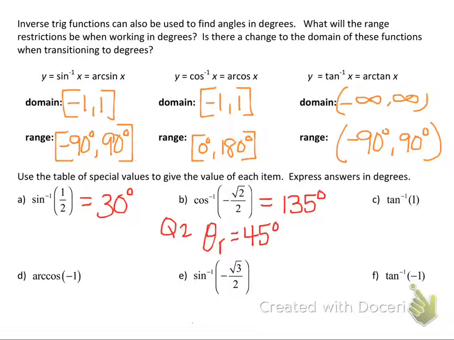And then the inverse of tangent at 1, we said was pi over 4, so this makes it 45 degrees. For letter D, arc cosine of negative 1, we said was pi, which is 180 degrees. And then for E, we said that we had to first find the reference angle, which we said was pi over 3, which is 60 degrees.